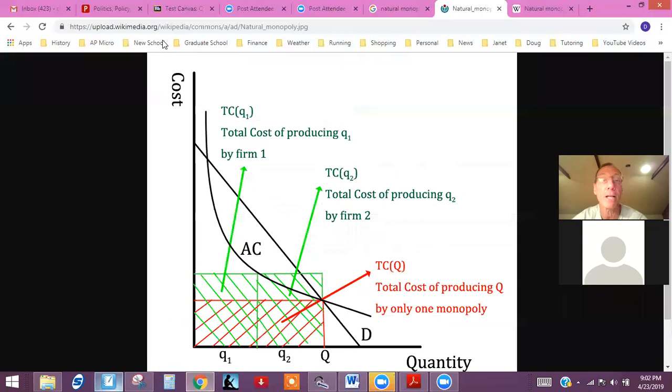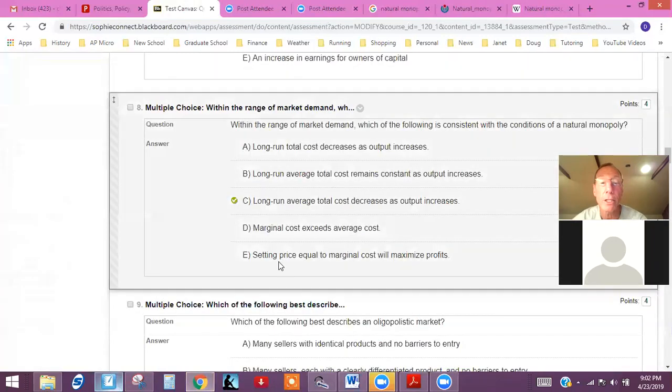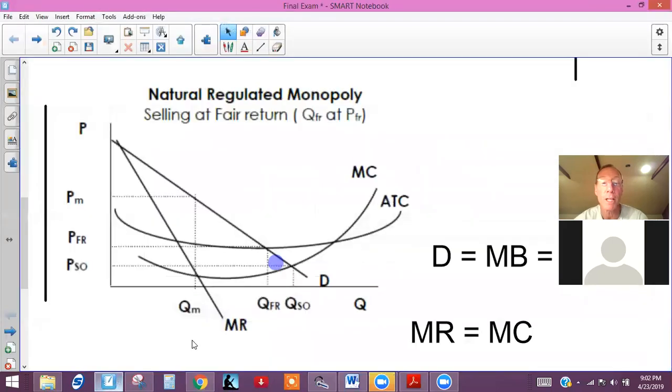And then the other one, E, setting price equal to marginal cost will maximize profits. That's not true either, because they don't set price equal to marginal cost to maximize profits. They set price way above, right? They maximize profit where marginal cost equals marginal revenue, and price is way up here, right?